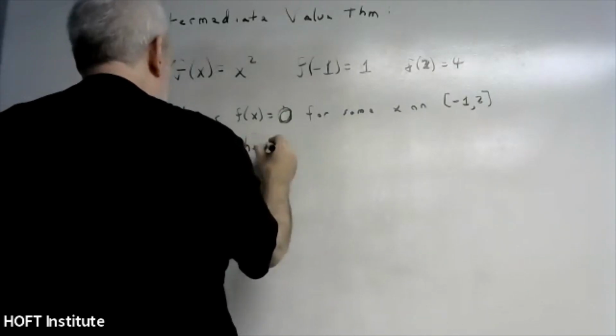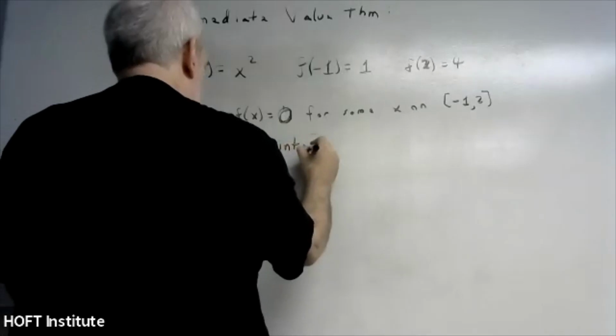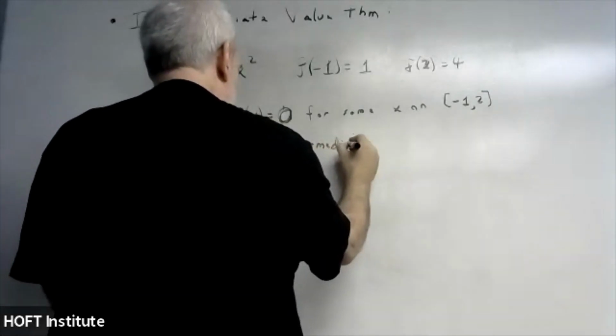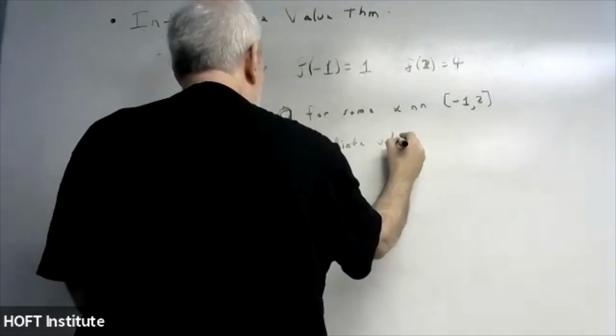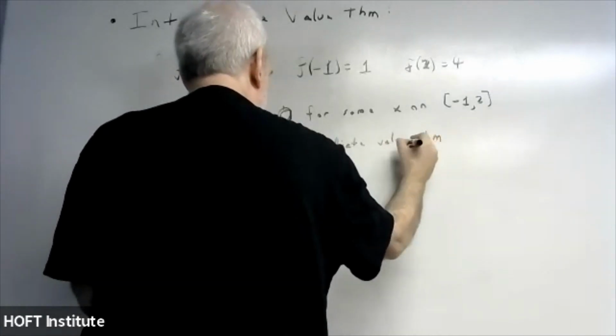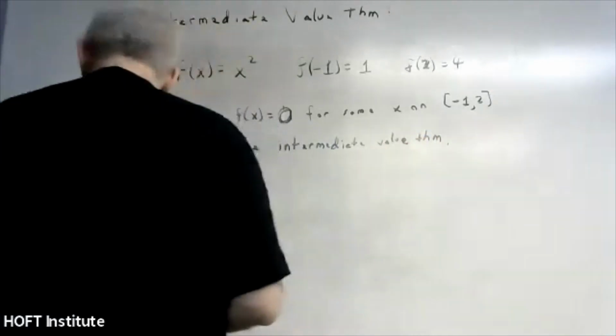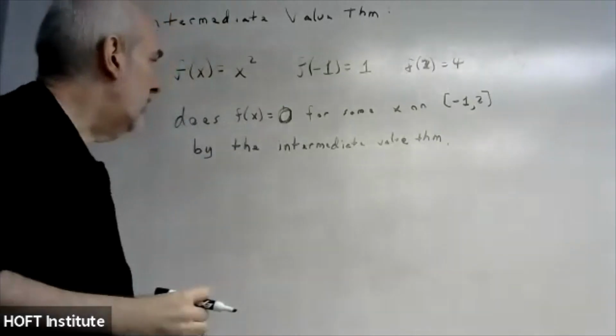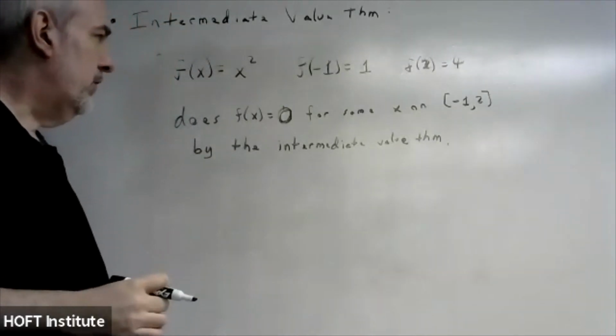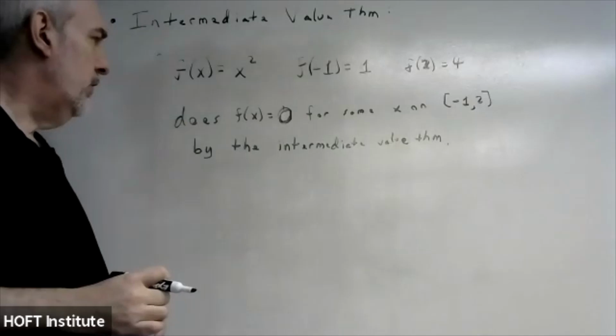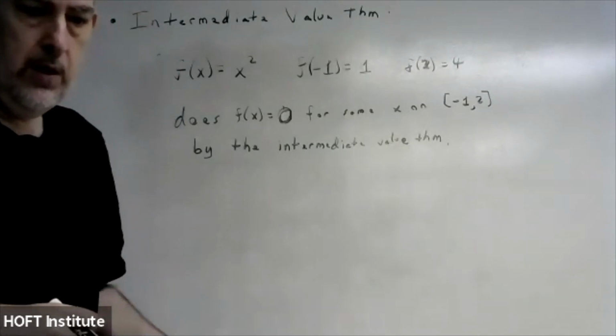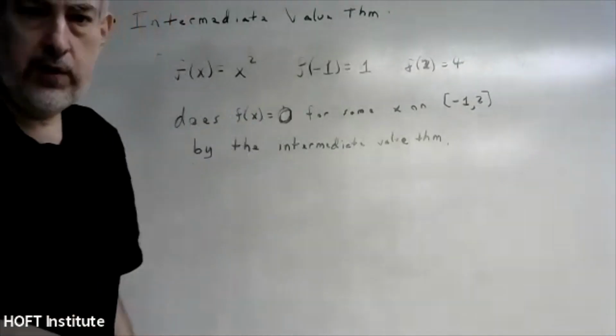by the intermediate value theorem. Okay, so does the function f of x equal 0 for some value between -1 to 2 by the intermediate value theorem? You have to be really careful with this question.